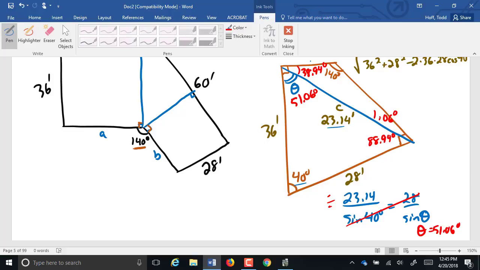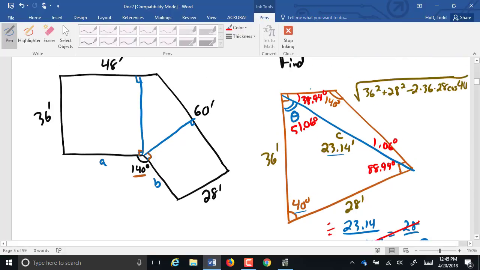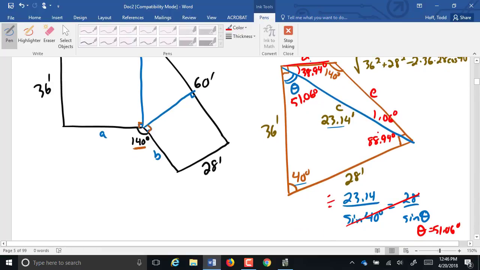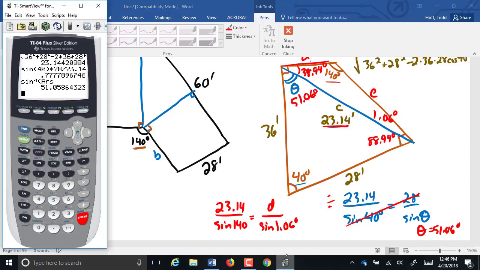Now what? We got to find these two sides. I'll call this D and E up here, right? So how do we find them? Well, so we got the 23.14 equals, let's do D over the sine of 1.06 degrees, right?